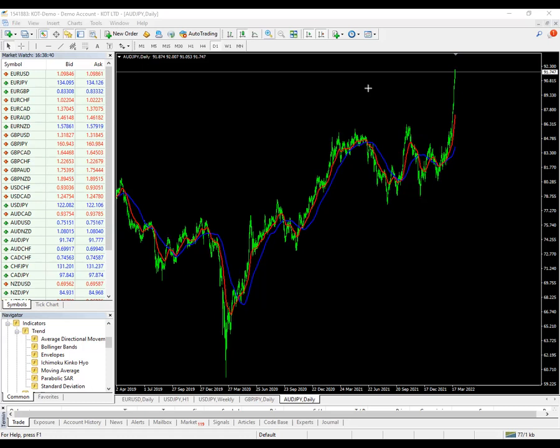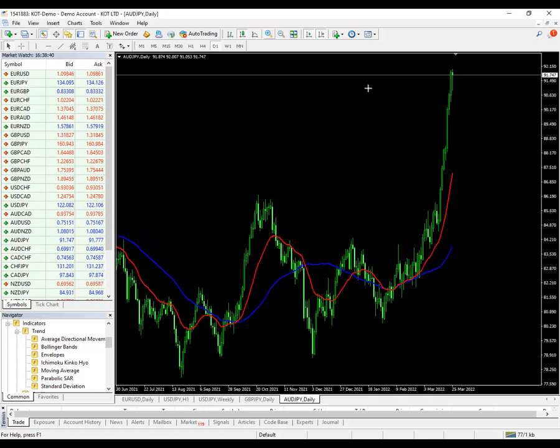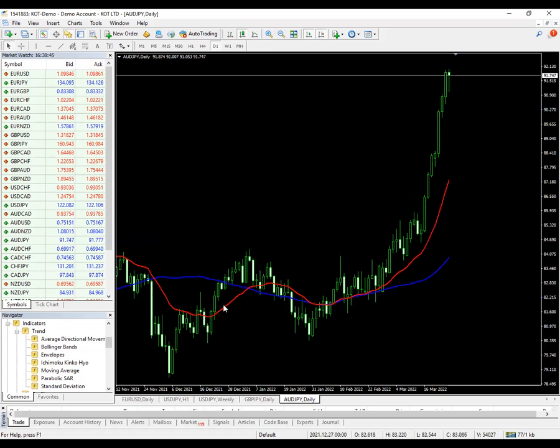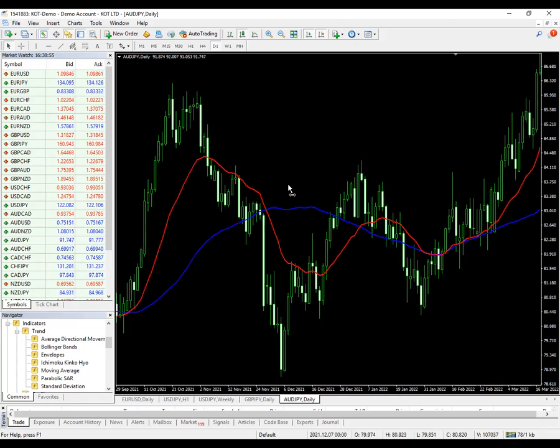But let's zoom out and see this. We are saying that when the red, which is the smaller one, the 20, crosses the bigger moving average, which is the 50, then it is a signal. So for instance, over here we had a cross, so we had a signal here. You look at which candle the cross happened, which is this candle over here.